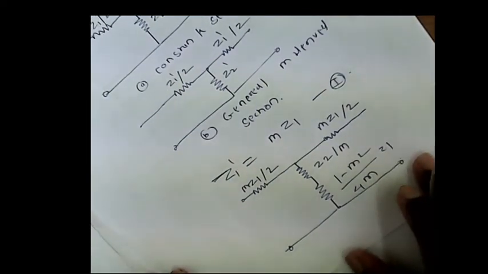We put the values, and here is a series modification, Z by m, or (1 minus m square) divided by 4m, divided by Z. So to improve the performance of the image impedance filter, to improve the slow attenuation rate past cutoff and the non-constant image impedance, we use this.